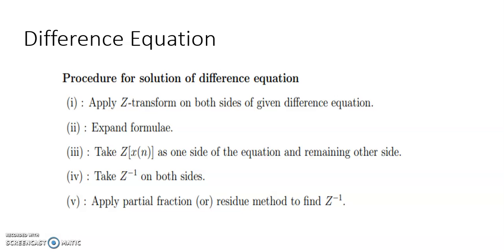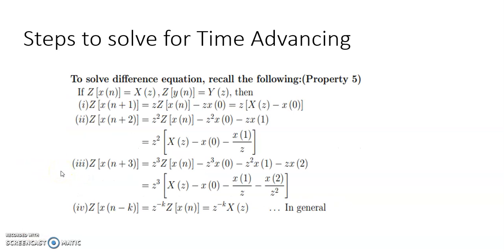Now, what type of questions can you face? Your question can be in the form of time advancing or time delay, as we have studied in module 1. If I am talking about time advancing, you can get the signal in the form of n plus 1, n plus 2, n plus 3 or any other form.